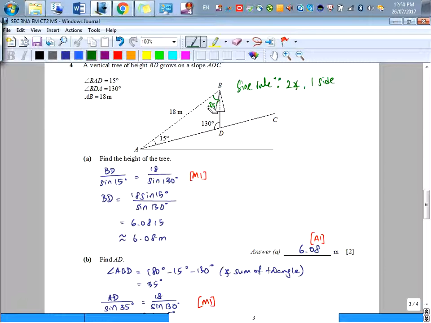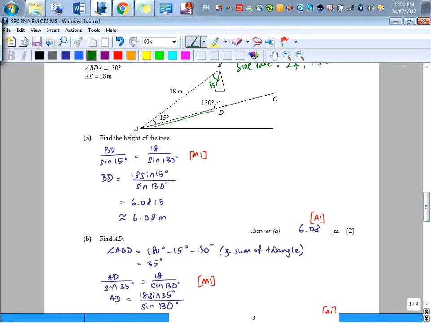Then part B, find AD. Now over here, we have more information. You can choose to use either your sine rule or cosine rule. So in my part B, I choose to use my sine rule again. So knowing that this is 35 degrees, AD over sine 35 must equal 18 over sine 130 degrees.